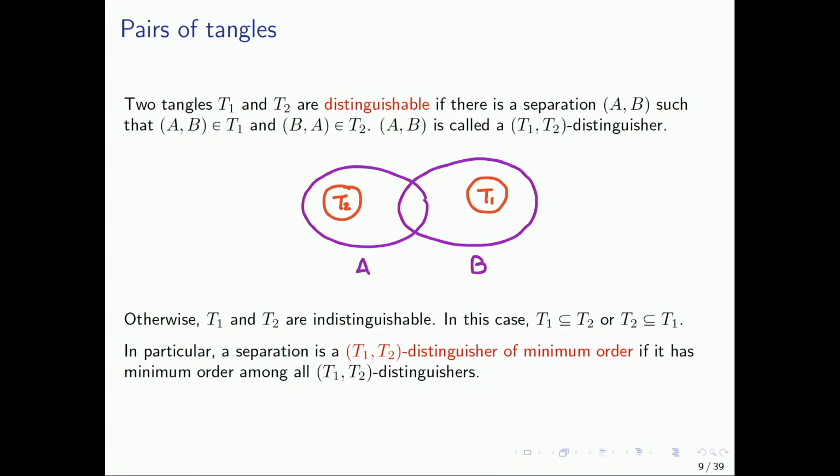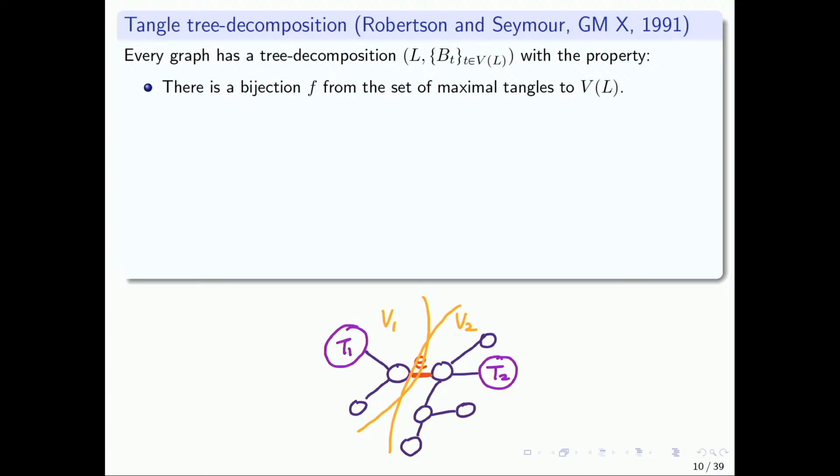And we are interested in the minimum order among all distinguishers. So what Robertson and Seymour proved in the last step in the paper is to obtain a tangle tree decomposition. Every graph admits a tree decomposition (T, B_T), where B_T denotes the bags of the tree decomposition, such that there is a bijection from the set of maximal tangles to the nodes of the tree.